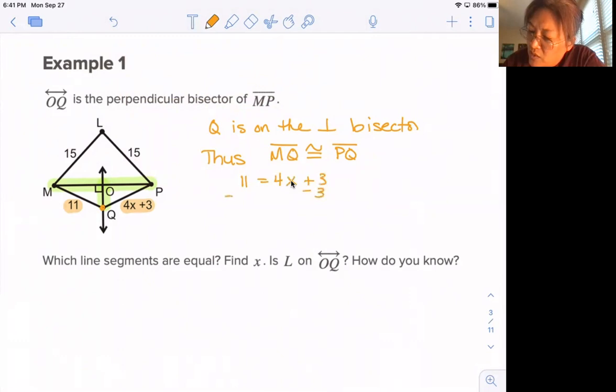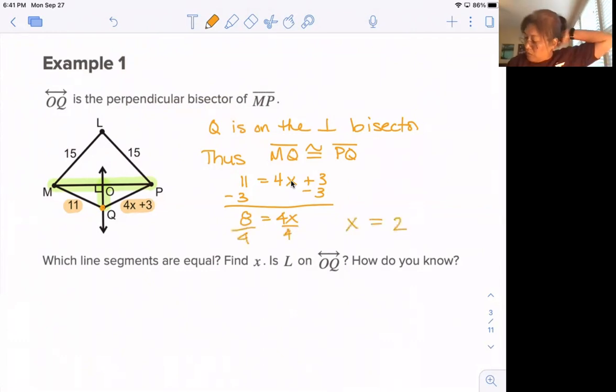We're going to solve this single variable equation, like I've been telling you, pretty much all year. So 4X is equal to 8, divided by 4. X is equal to 2.